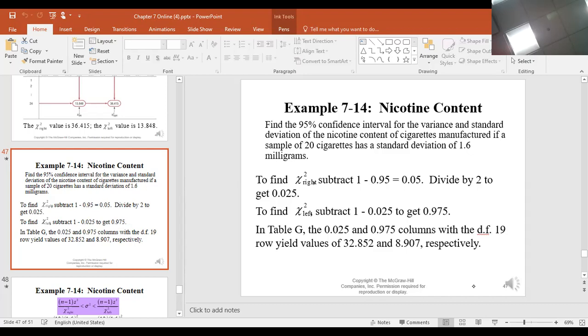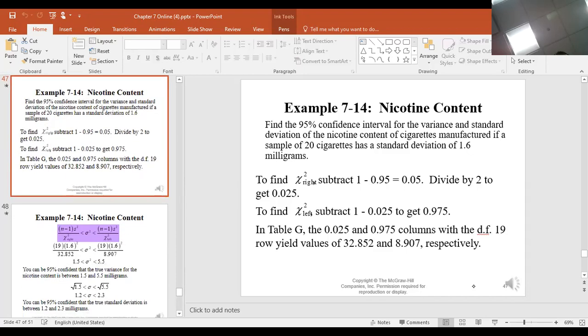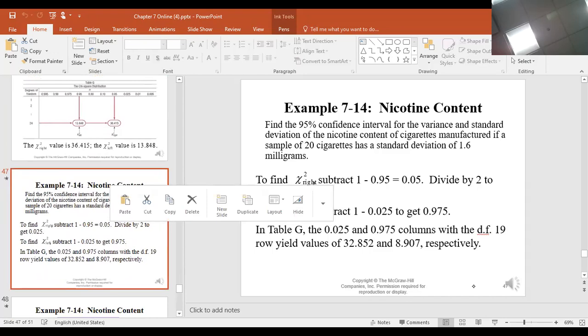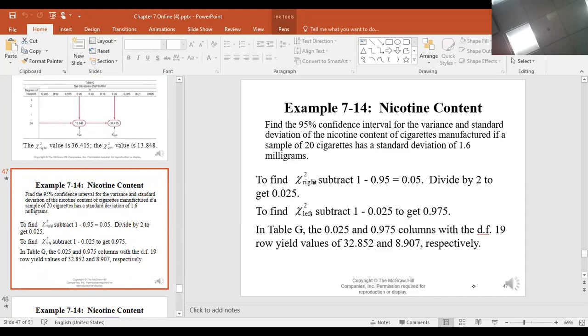We are going to look at the table. Some of you with the table, can you look at the table to find the chi-square right and the chi-square left?